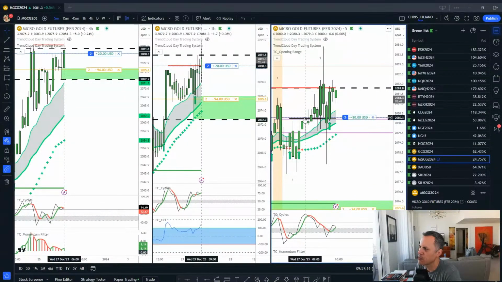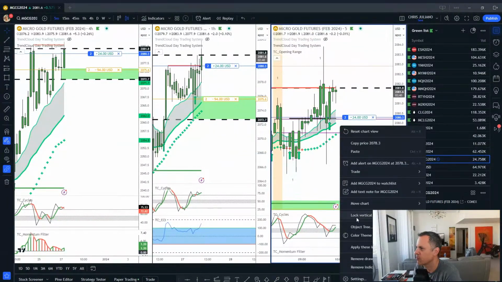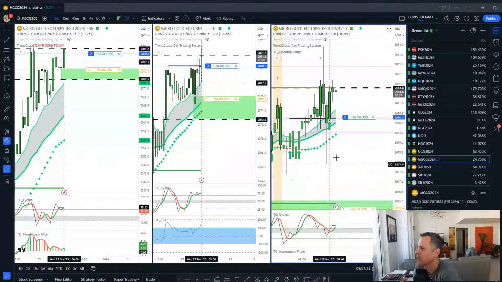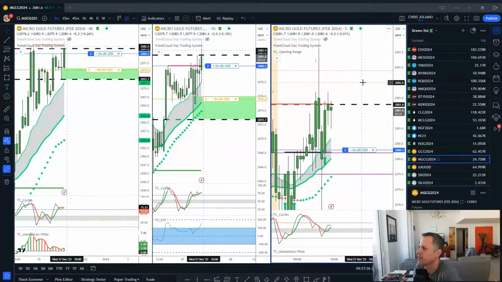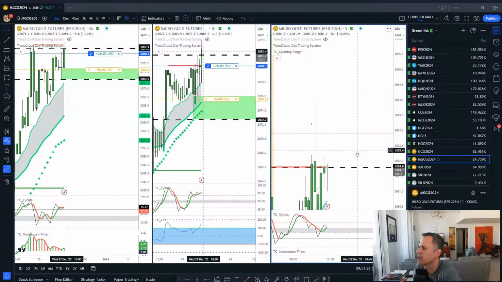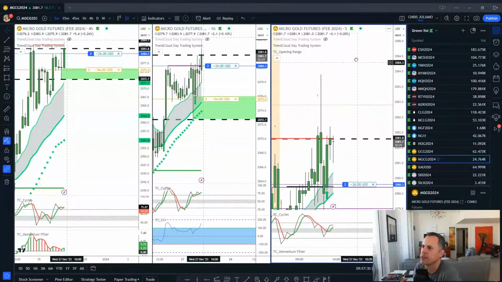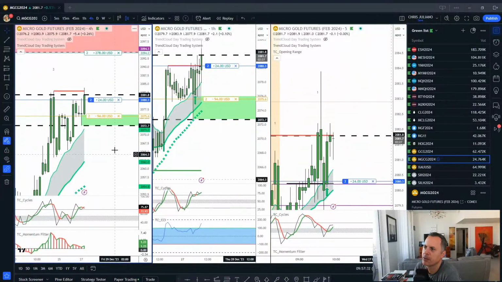This is actually the previous day's high as well. If you remember, that's what we were looking at. And it is making a move, trying to make that move back up to here.